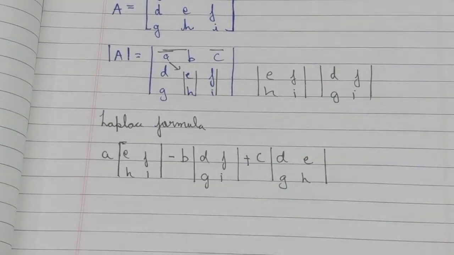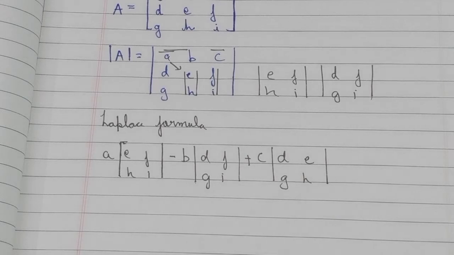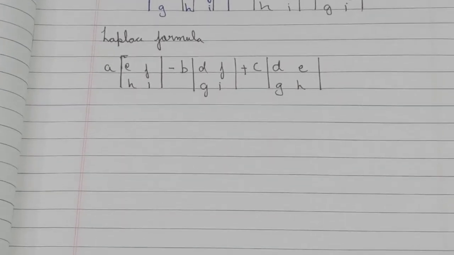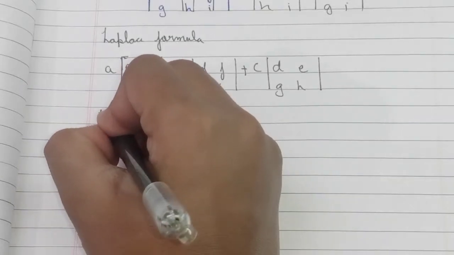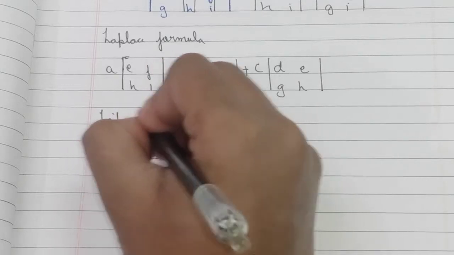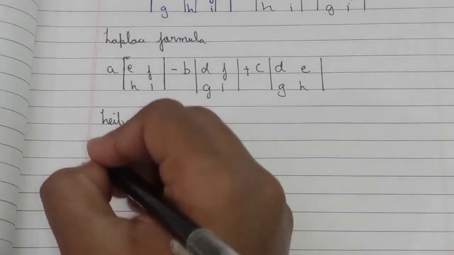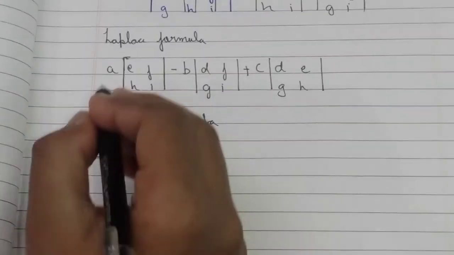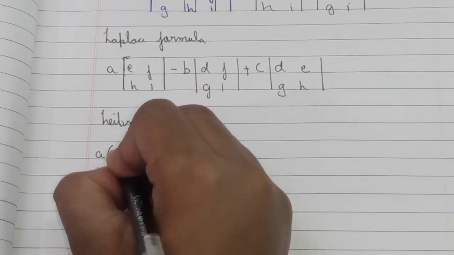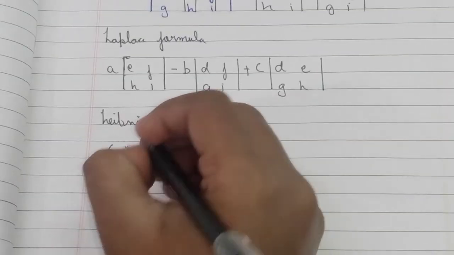Now this can be expanded using the Leibniz formula. That is a times e into i minus h into f.